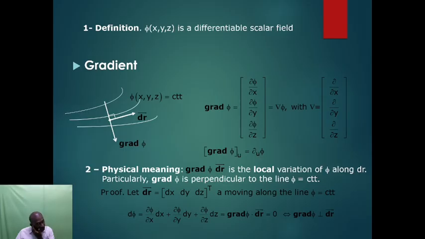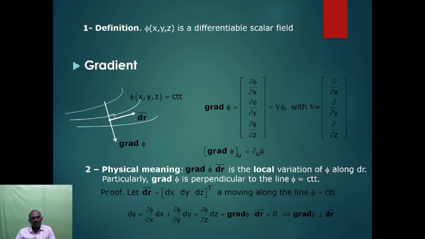Next, gradient. Gradient is nothing but the differential change in a quantity. In normal differentiation we denote change by the letter d: dx, dy and dz.